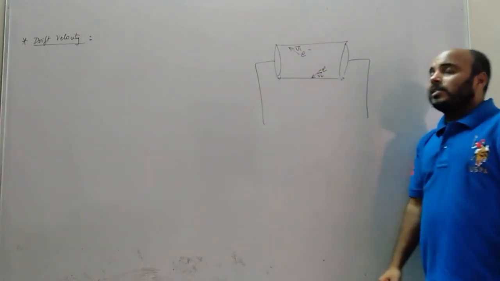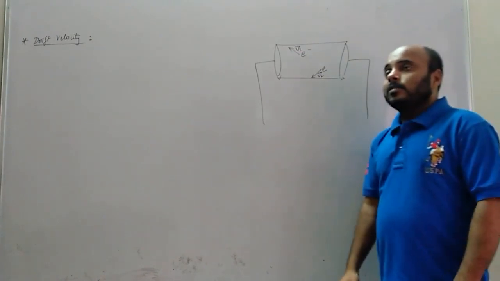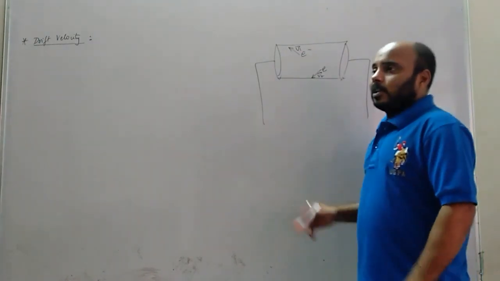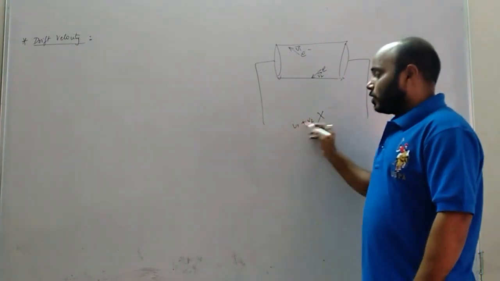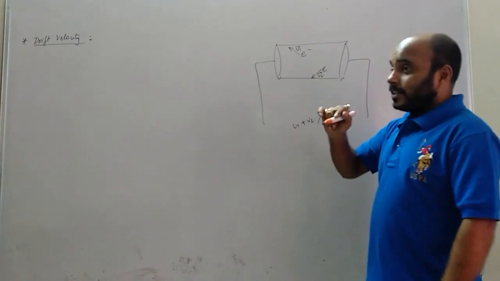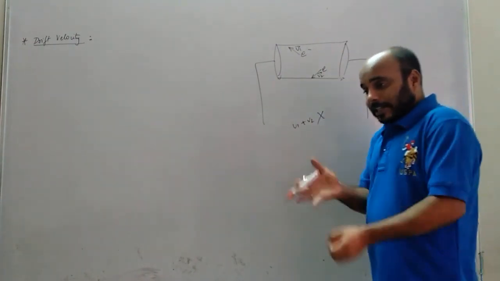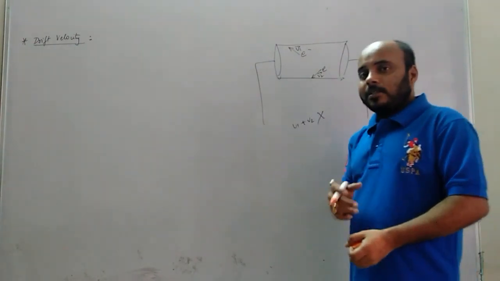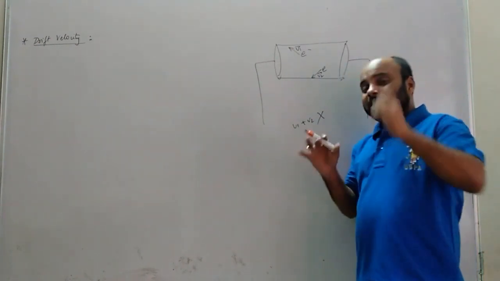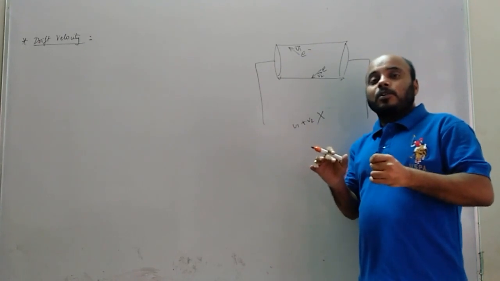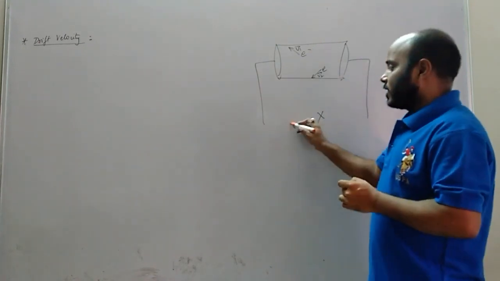Why am I dealing with vectors, why not only scalars? Because they are in different directions, so we cannot add them. If you write u1 plus u2, this is wrong. Velocities are vector quantities in different directions. Moreover, I cannot see which electron is moving in which direction, we cannot see atomic particles. So just for simplicity, and to avoid doing anything wrong, we are taking it as a vector quantity.